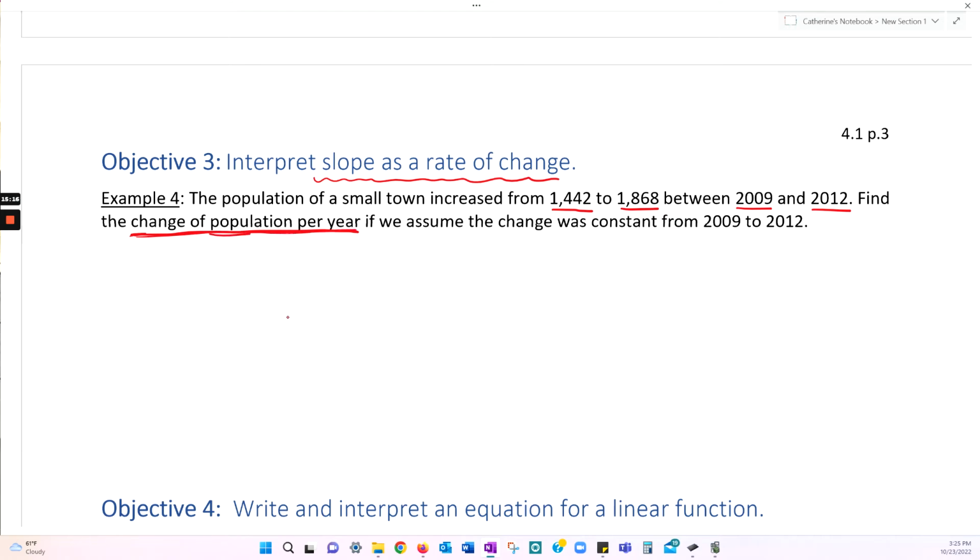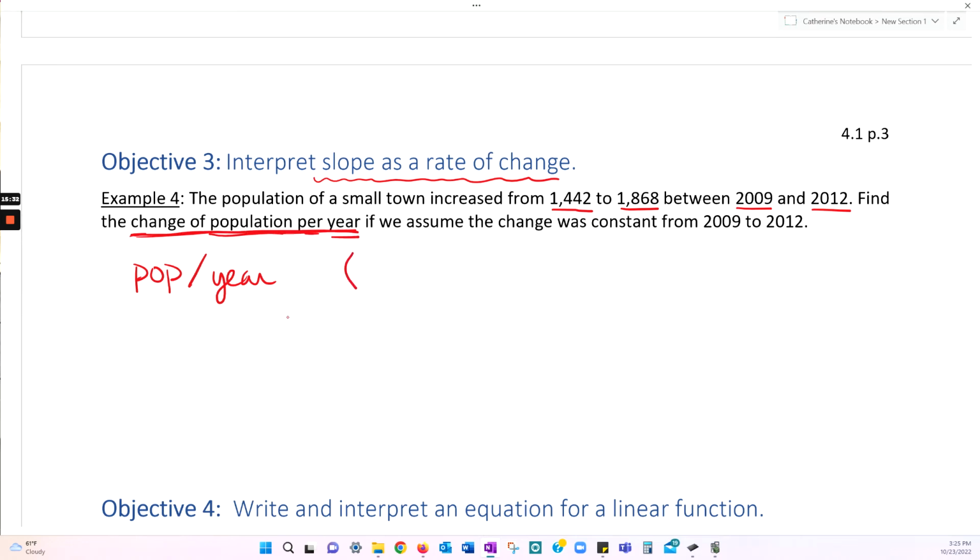This population is a linear function of the year. And notice it says population per year. That's telling us that we want the population to be the y value and the year to be the x value.